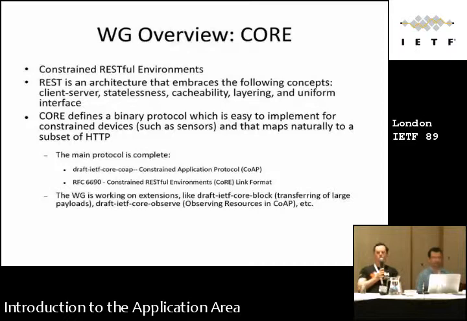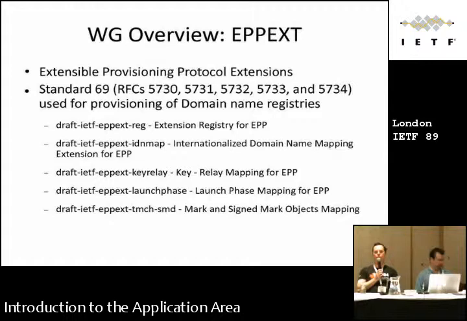Next slide. Next working group is EPPEXT, which is quite a new working group. EPP is an XML-based protocol for managing domains and domain-related information for registrars, like creating new domains, changing administrators, adding IP blocks, and other related things.